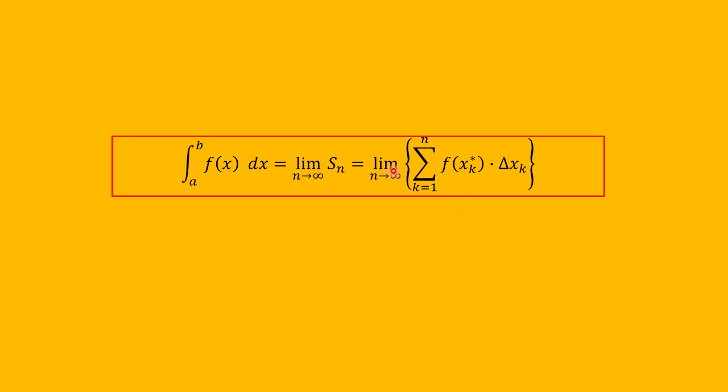So that means that each of these delta x sub k's is just equal to b minus a divided by n. And so these delta x sub k's all go to 0 in the limit as n goes to infinity.